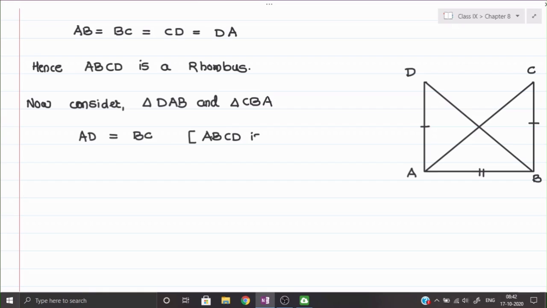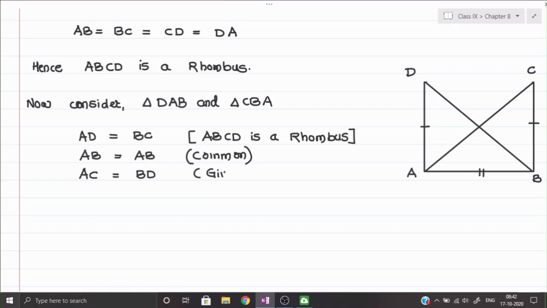Since ABCD is a rhombus, all sides are equal. That is our reason here. Second thing, AB is equal to AB, common. Now further the third thing, AC is equal to BD, because it is given to us in the question. We have mentioned it in the question as well.